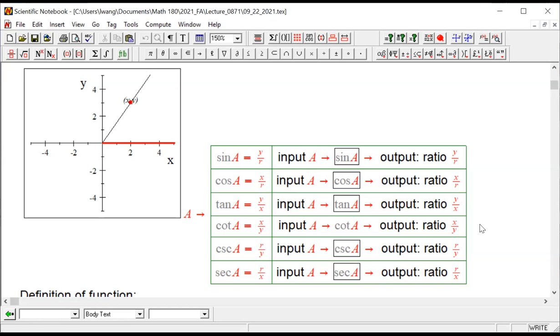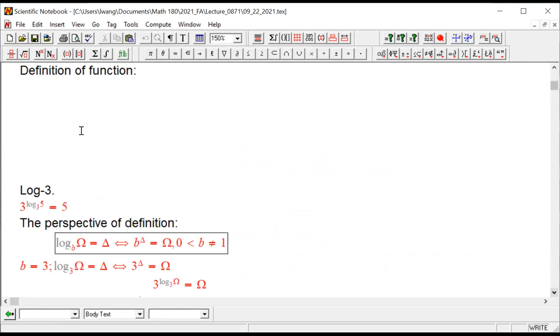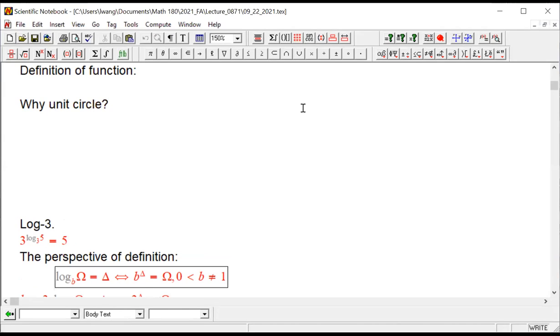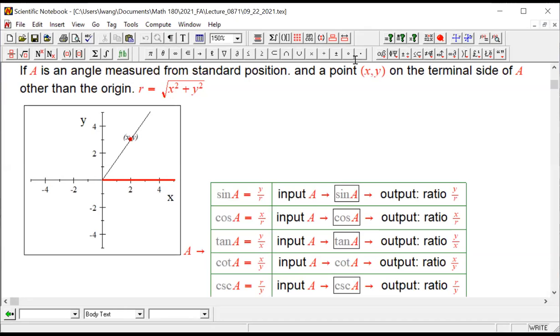The next question I'm going to ask is: why unit circle? You can see in the definition, we did not say this point has to be on the unit circle. Did the definition say you have to have this point on the unit circle?